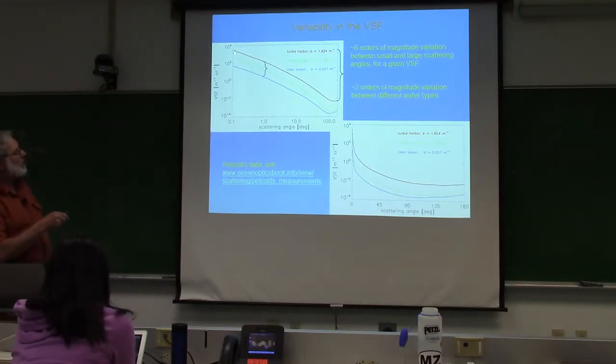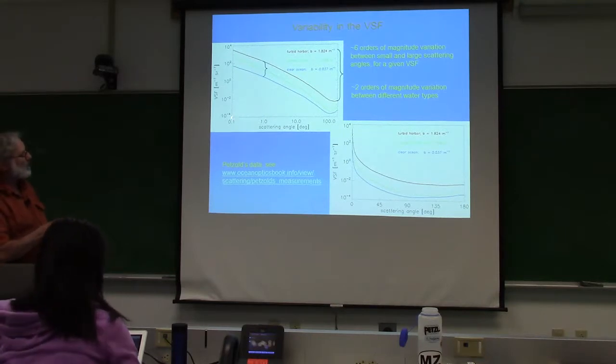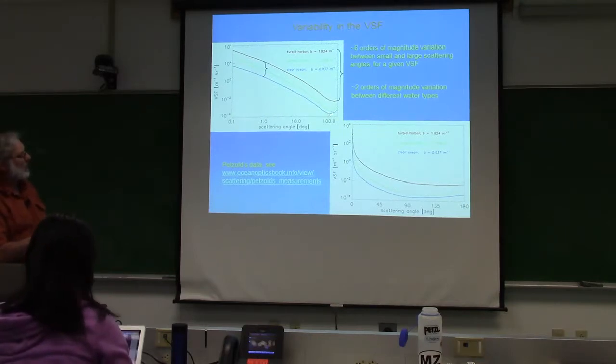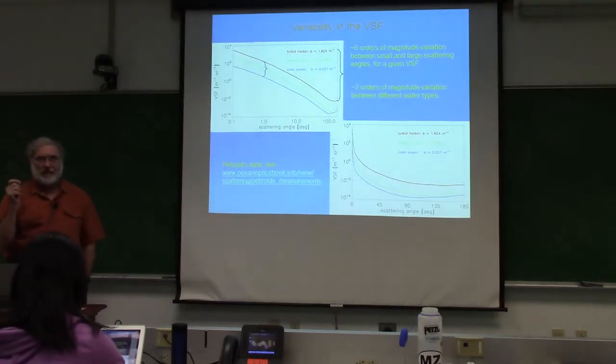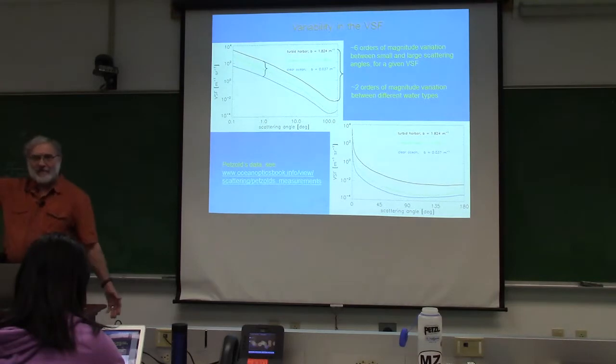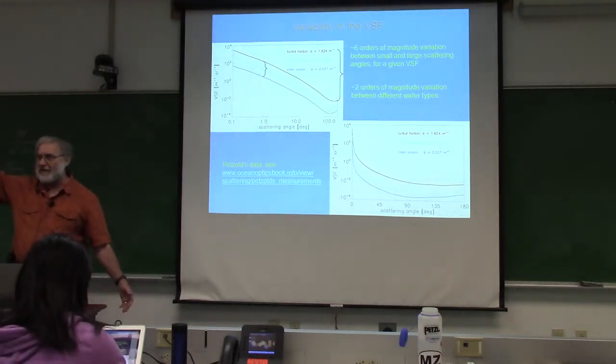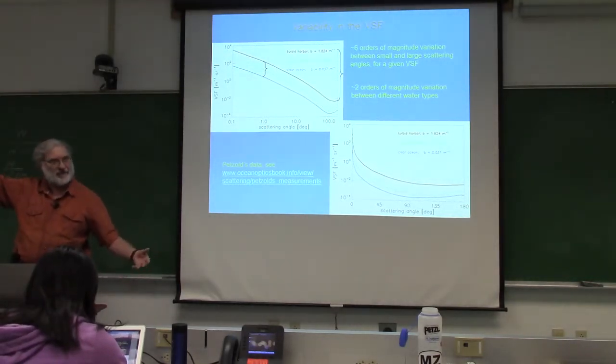If you just pick any one of these and go from, say, 1/10 of a degree out to 100 or 180 degrees, that's about 6 orders of magnitude in variation for any one of these. So when you're building an instrument, you need to have an instrument that can measure 6 orders of magnitude difference in the light field. Well, that's really hard to do.